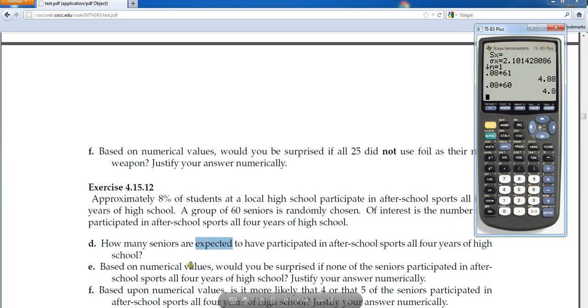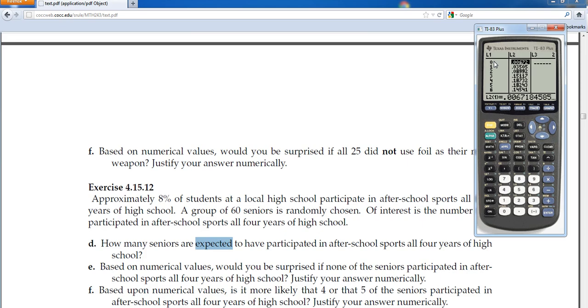Based on numerical values, here's part E. Would you be surprised if none of the seniors participated, justifying mathematically? Well, when they say, would you be surprised, that makes me think of, would that be an unusual event, which would surprise someone, right? So up here, in L1, 0, in L2, its probability, there's less than a 1% chance that no seniors will play after-school sports in all 4 years.